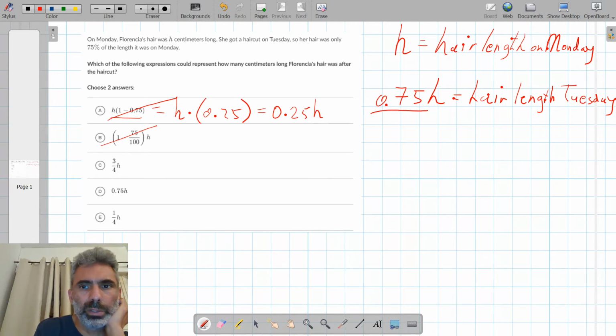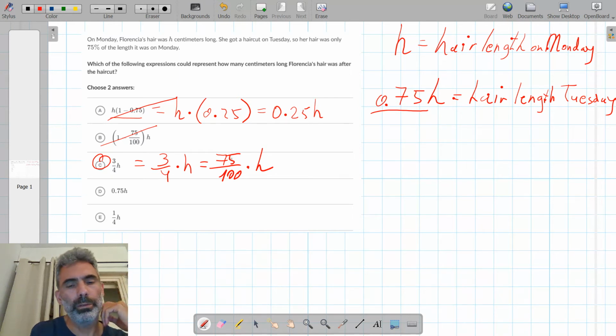And 0.75 times H and 3/4 of H is the same thing, so C is correct, because 3/4 of H is the same thing as 75 hundredths of H. Because to go from 4 to 100 we multiply by 25, and to go from 3 to 75 we multiply by 25.